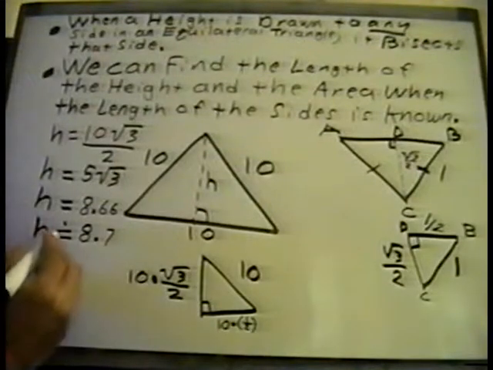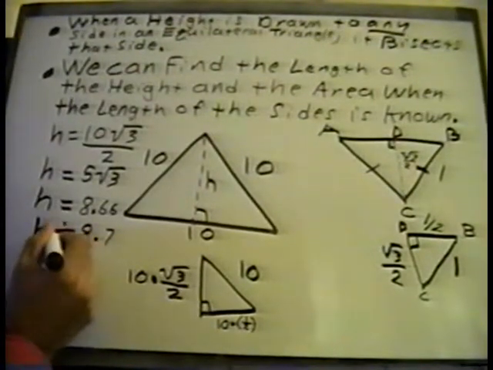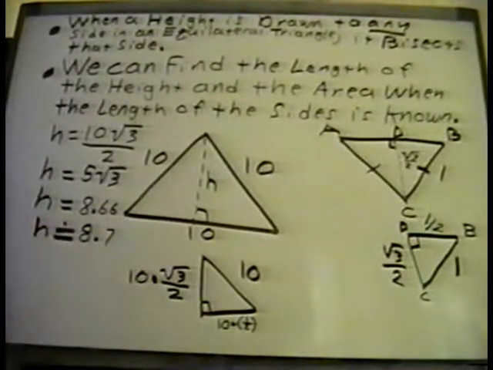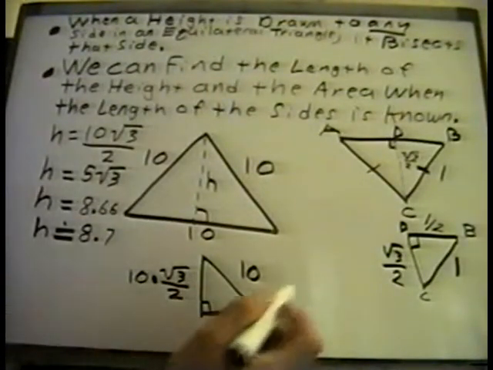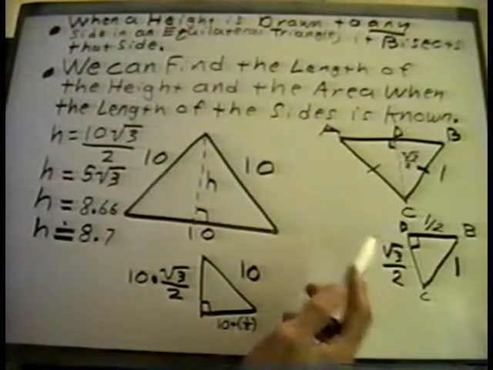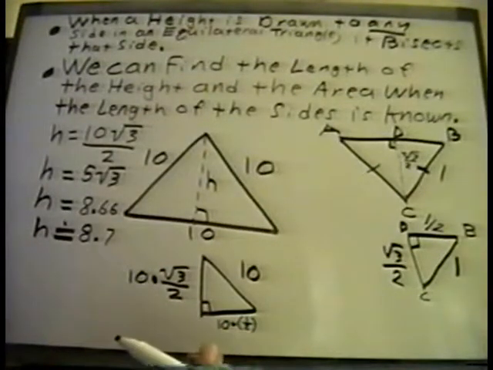Okay, now that symbol here with the dot above the equal sign means approximately equal to. Now next, I should have just showed you how to apply this to any equilateral triangle.